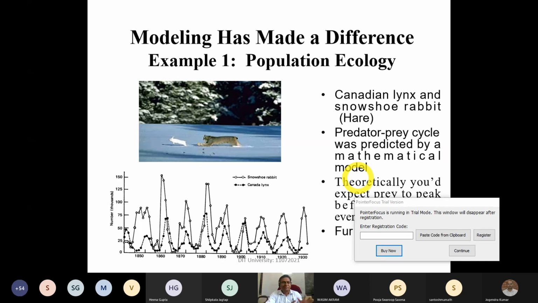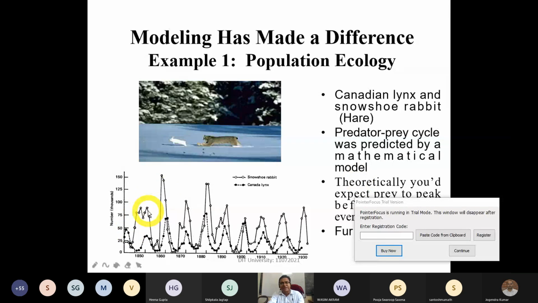So what is happening actually in the prey-predator cycle? We know from the mathematical point of view, without any data, that the prey peak comes first, and then the predator peak comes out. So look at the peaks of each one.